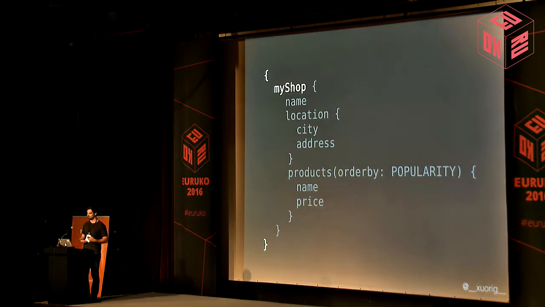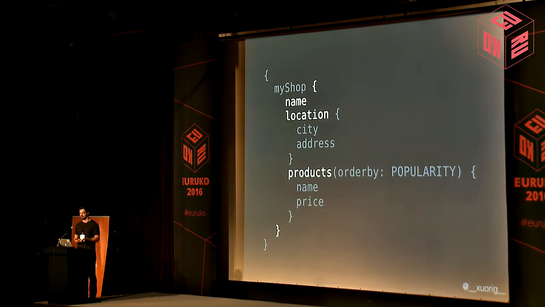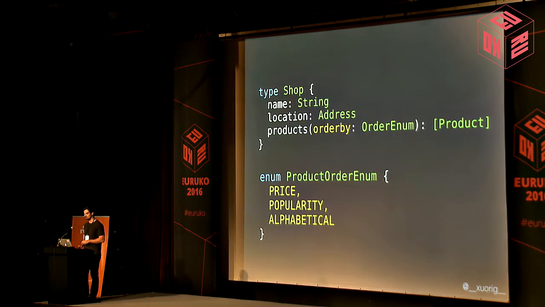As I talked about earlier, my shop is on the root of our schema, and we have that type defined. So on the query root, we could fetch my shop, or we could fetch shop with an ID. That type would then return the name, location, and products of the shop. And we know that because there's a type attached to it.